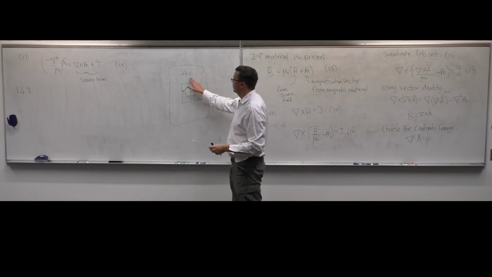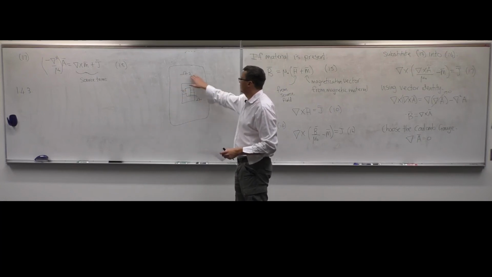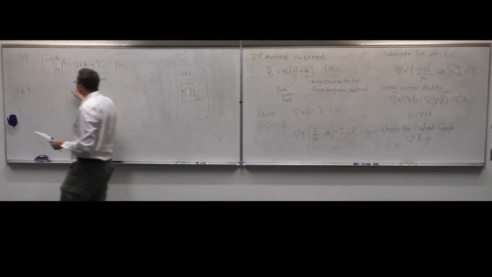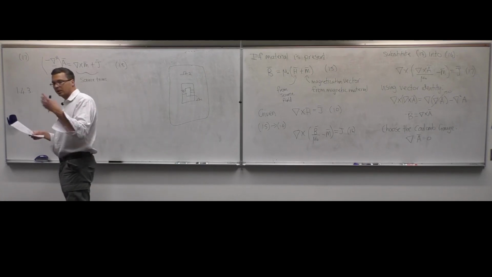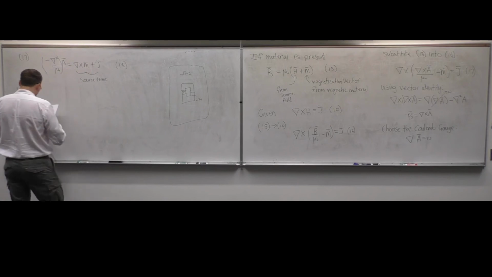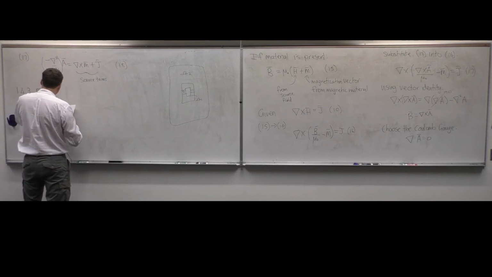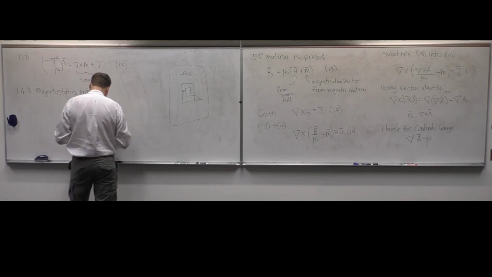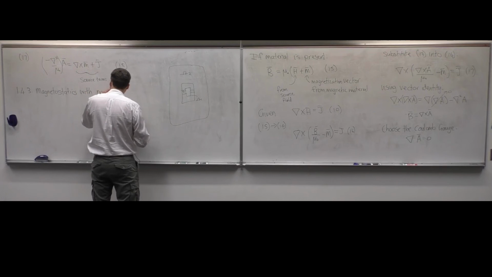So let's just think about how you'd solve problems if you had air in certain regions. In that case, the source terms would be 0 in those source-free regions. So, magnetostatics with no current.